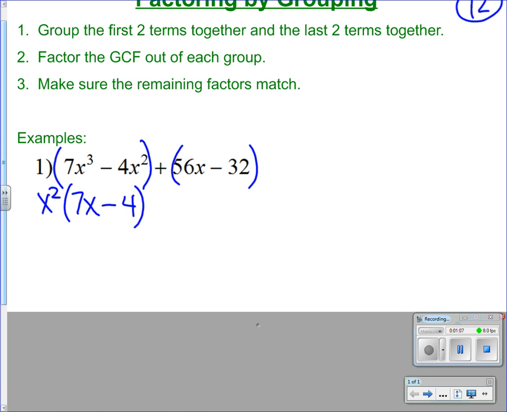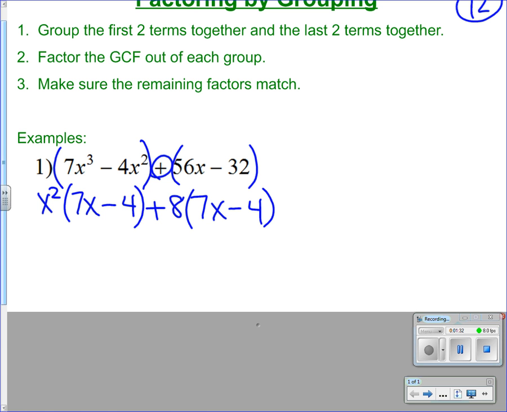In the next group, 56x and 32, the greatest common factor is 8. Since this is plus, I write a plus 8, and then we have 7x minus 4 left.